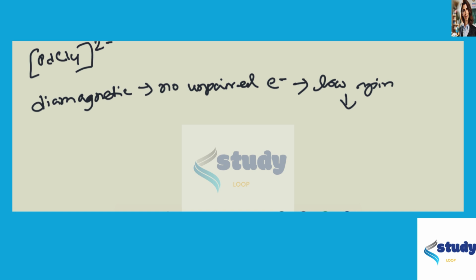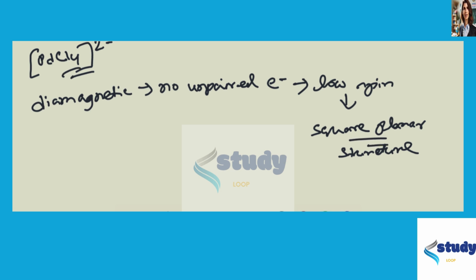A complex being diamagnetic means that there are no unpaired electrons in its d orbital, which means that it's a low spin complex, and low spin complexes prefer having a square planar structure. So that means that the complex we have here will have a square planar geometry.